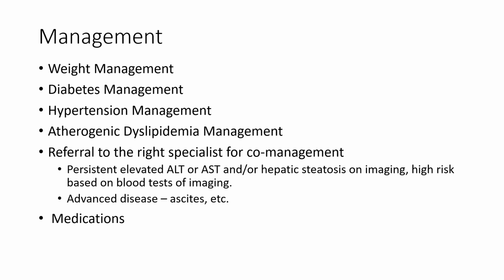In a primary care clinic, we're going to try to manage this with the things that are listed here: weight management, maximizing diabetes control to get them to a target A1C, getting the hypertension under control, and managing their cholesterol. If we are having difficulties with this, or if there is persistent elevation, this is when we are going to send them to a specialist.